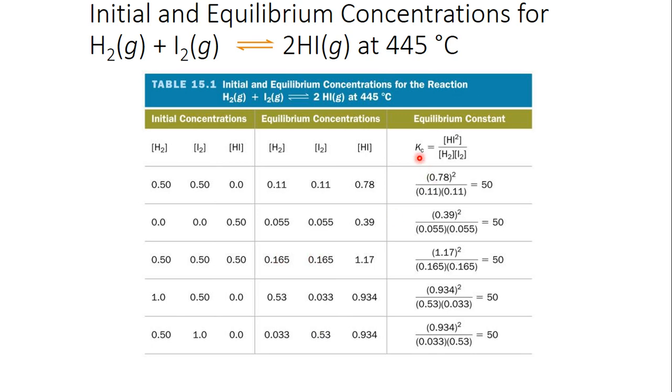But let's look at Kc, and here's the equation for Kc, in case you forgot. And no matter what, Kc is always 50. So although you have different initial concentrations and different equilibrium concentrations, when you plug them into your equilibrium constant expression, you'll always get the same number for the same reaction at the same temperature.